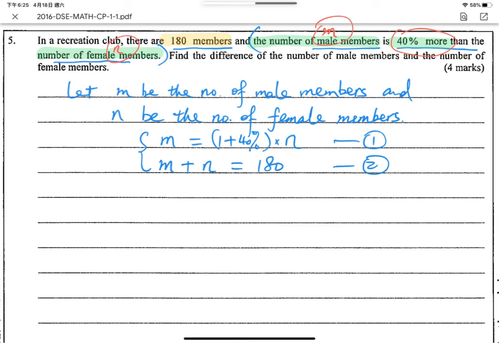So we just need to solve this simultaneous equation. Then we can get the values of M and the values of N. But in this question, you are asked to find the difference.